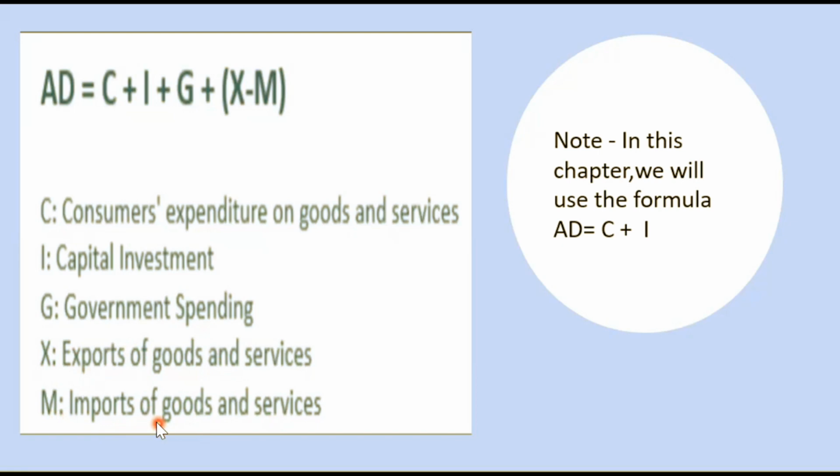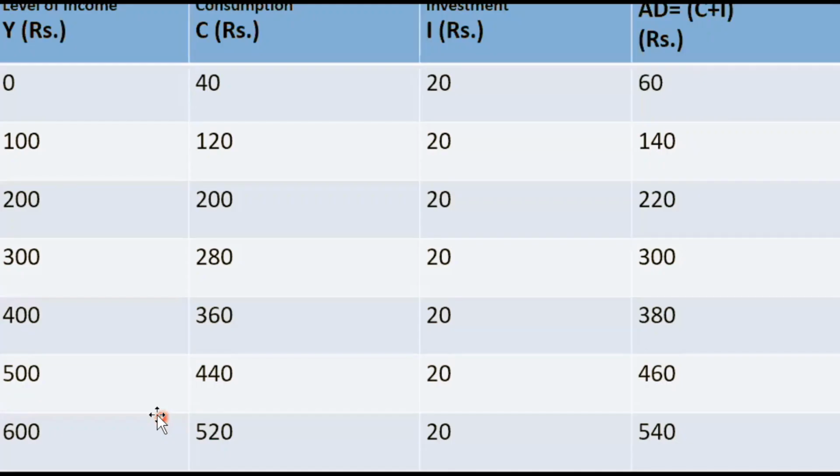Now let us study how to calculate AD in two-sector economy with the help of a numerical example. Here we go. This is the schedule which gives us various values. In the first column, we are having level of income, which is denoted with the letter Y. In the second column, we are having consumption, denoted with capital C. In the third column, we are having investment, denoted with capital I. And in the fourth and last column, we are having aggregate demand, denoted with capital AD.